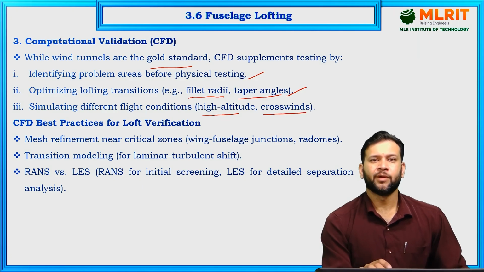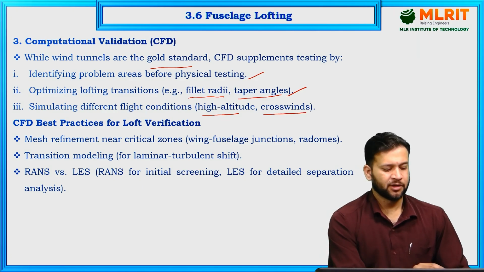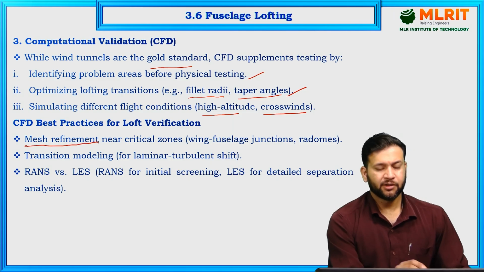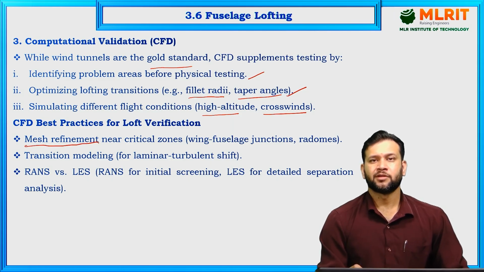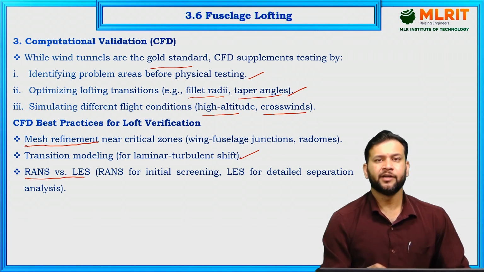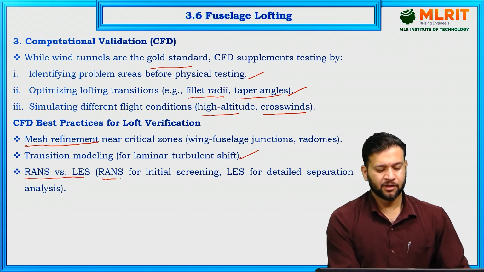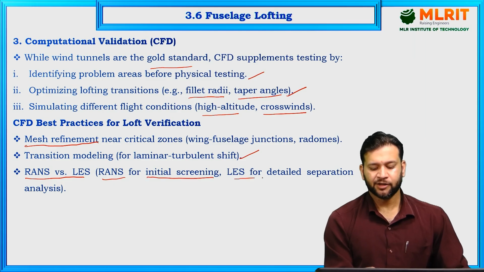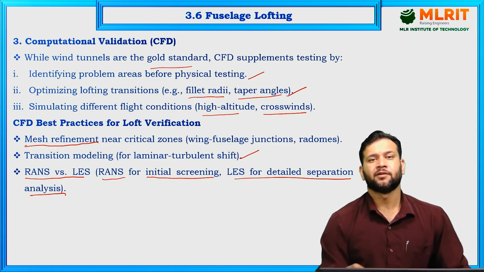CFD best practices for loft verification include mesh refinement near critical zones such as wing-fuselage integrations and radomes, and transition models where the laminar-turbulent shift is tested. Then RANS versus LES: RANS for initial screening and LES for detailed separation analysis in the CFD tool.